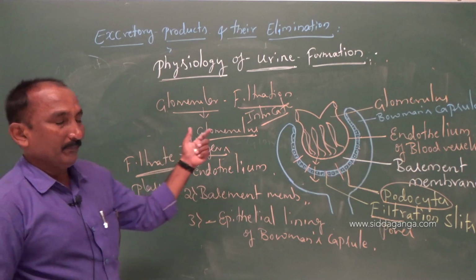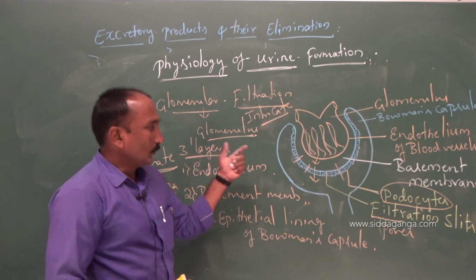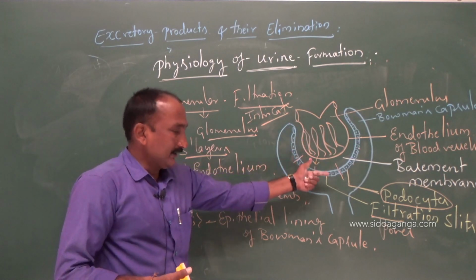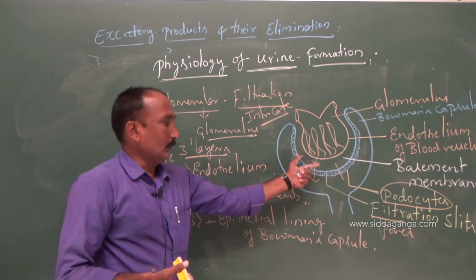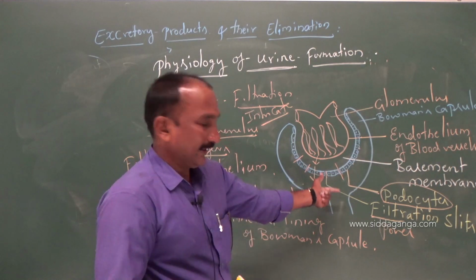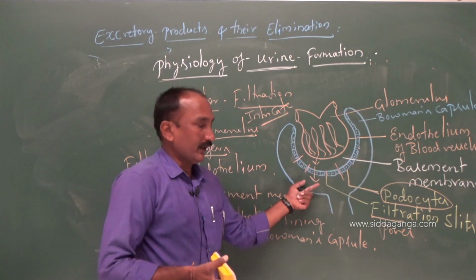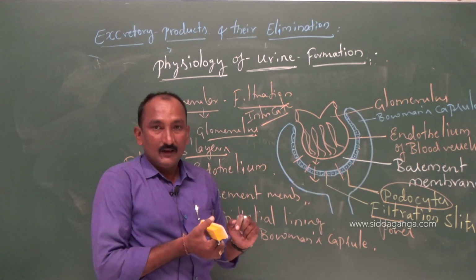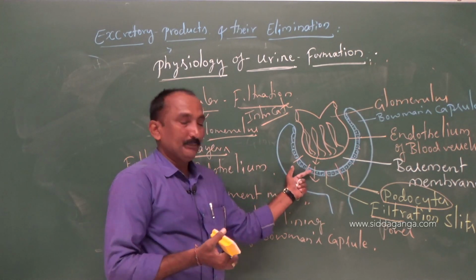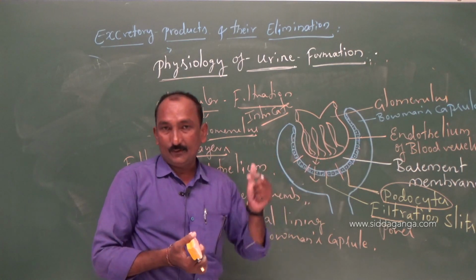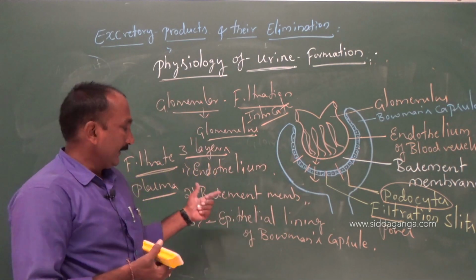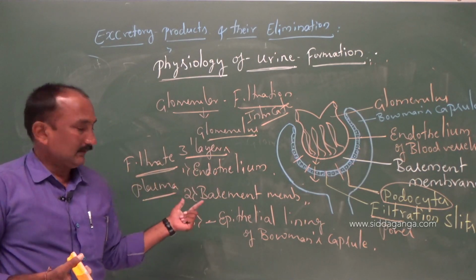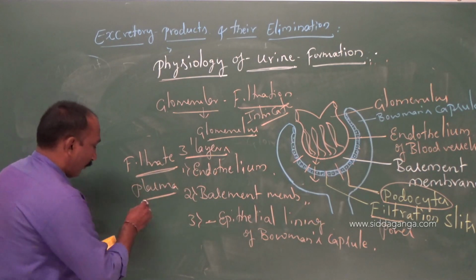So, the blood will be filtered so finely through the endothelium of the blood vessel as well as the basement membrane and also the epithelial lining of the Bowman's capsule, through the specialized cells, podocytes, having minute openings. Through those minute openings, the blood will be filtered so finely, and the filtrate is almost similar to the plasma, except proteins.